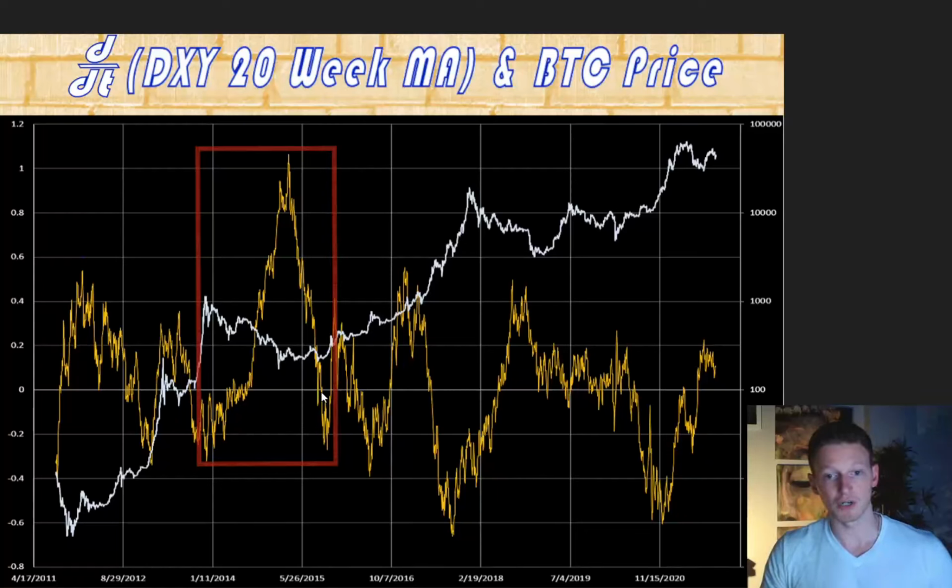DXY goes below zero and starts to go down. Bitcoin then, and only then, can go up. And you guys might ask, well, why is this? Is this just coincidental? No, it's because when the dollar is strong, people are more likely to hold cash than to be in risk assets.